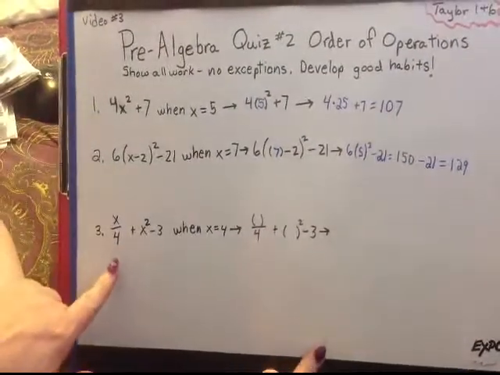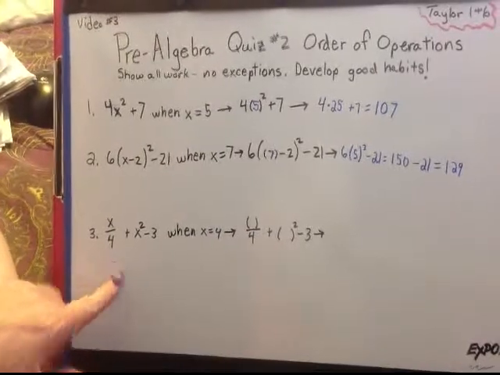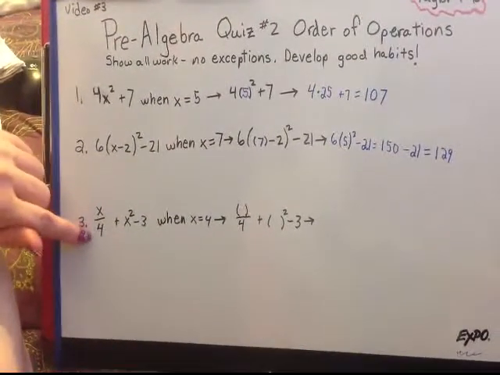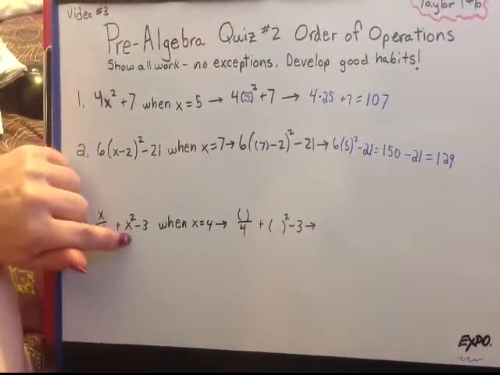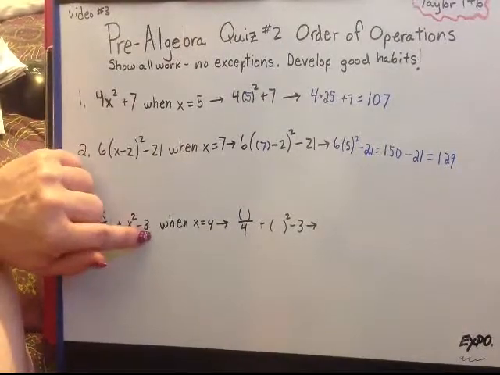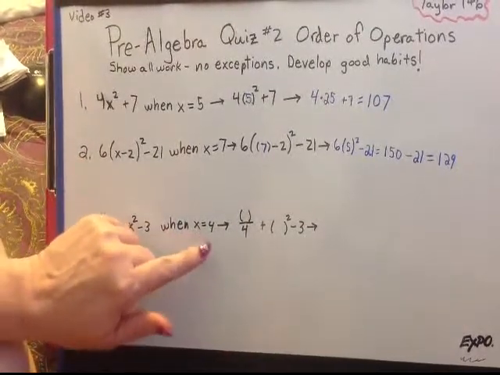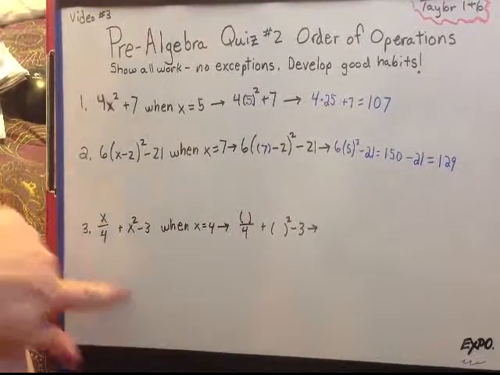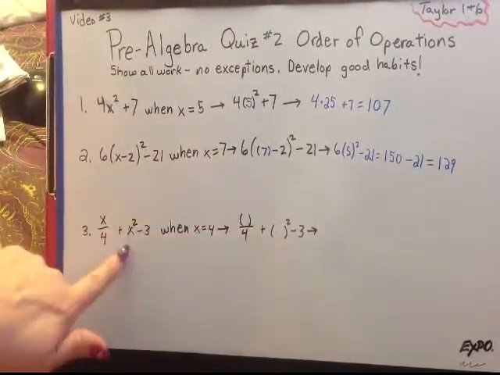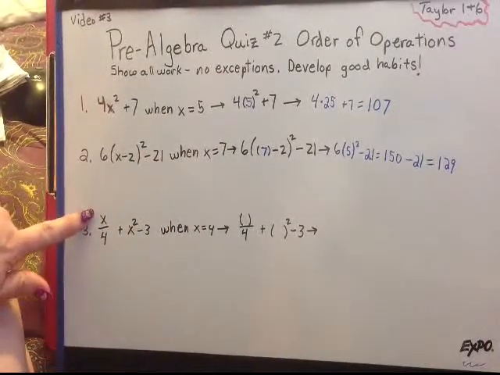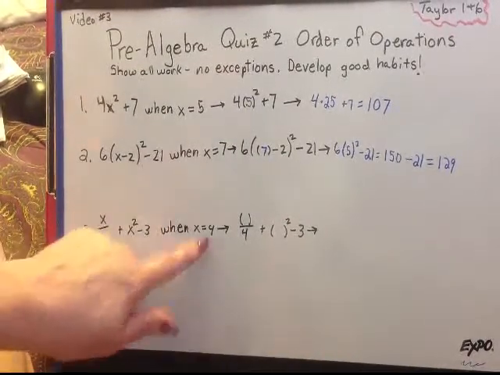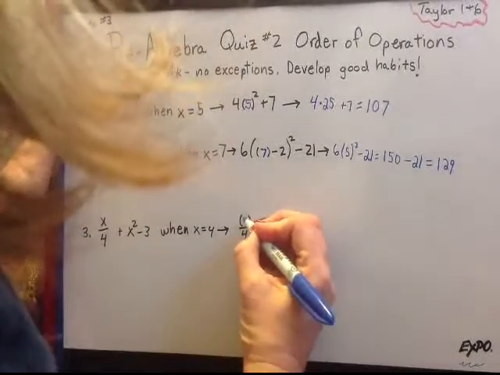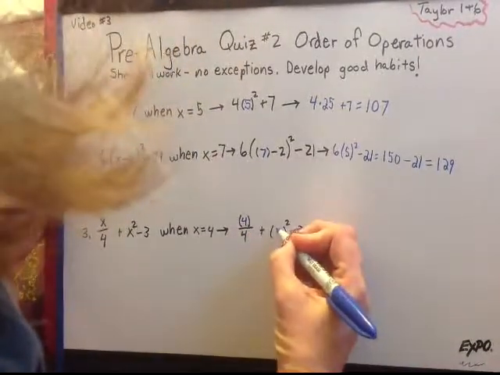For number 3, our question is x divided by 4 plus x squared minus 3 when x equals 4. So I rewrote the expression and I put parentheses in place of the variable wherever it occurred. So x is 4. We're going to put 4 here and 4 here.